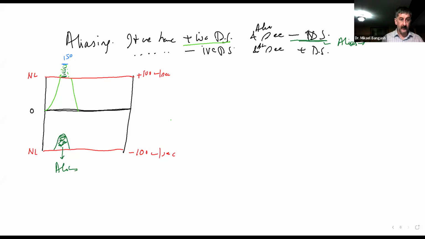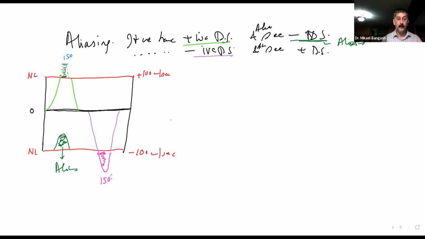On the other hand, if we had a negative Doppler shift, of course, we may still have aliasing because the speed was more than minus 100 centimeters per second.